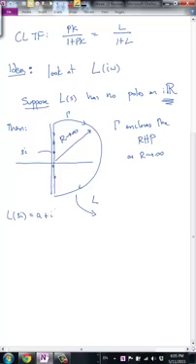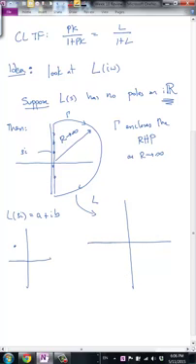It has a real part and an imaginary part, and therefore we could plot that wherever it happens to fall. And the idea is that if we do that for every single point on this curve, then we may map out some kind of curve. Perhaps it will look something like this.